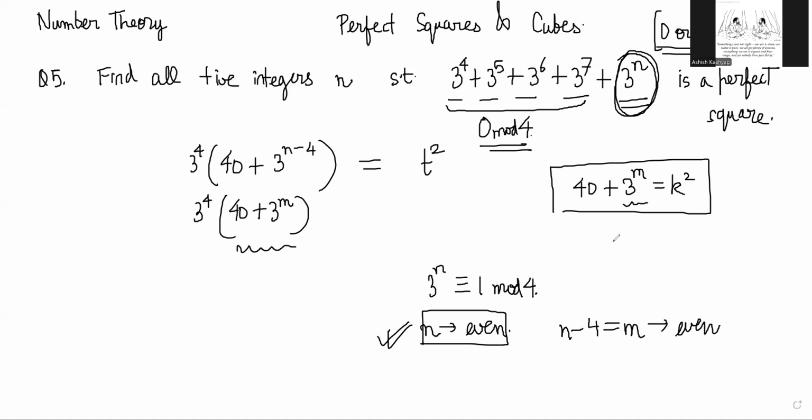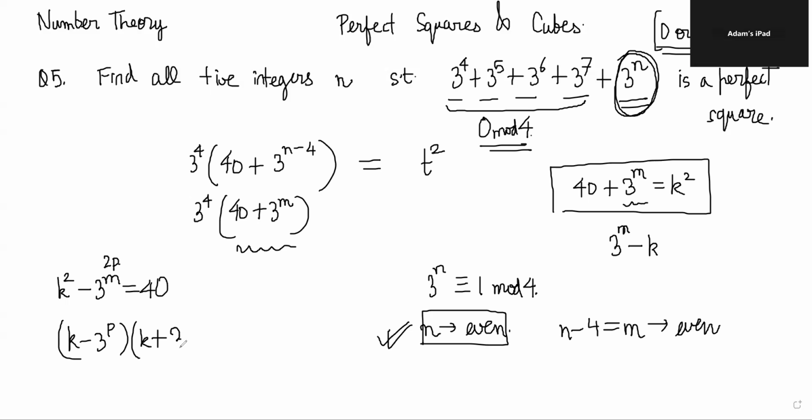And then you will get k square minus 3 power m is equal to 40. So then you can call m as 2 times p or something, and you'll get k minus 3 power p times k plus 3 power p. And from there, you can just do the cases.